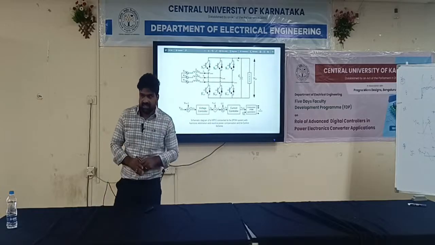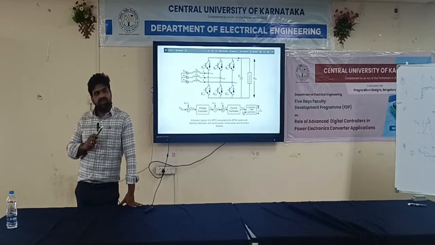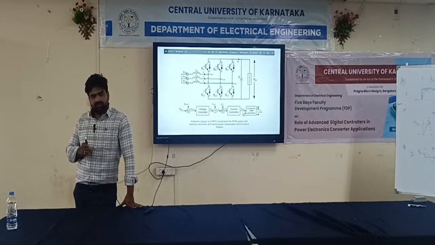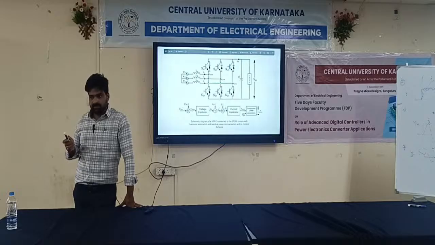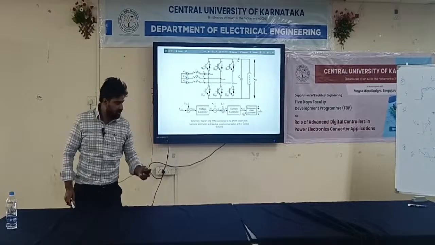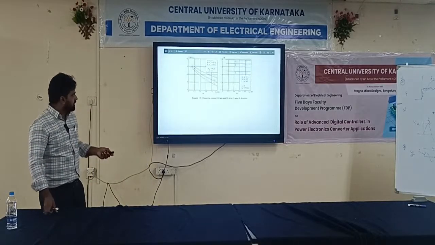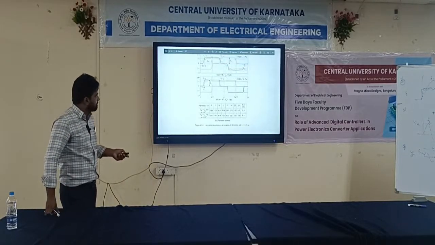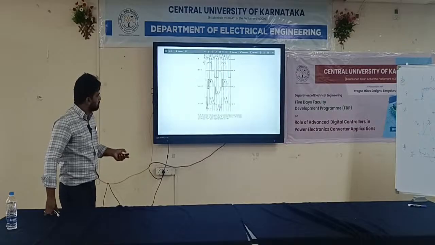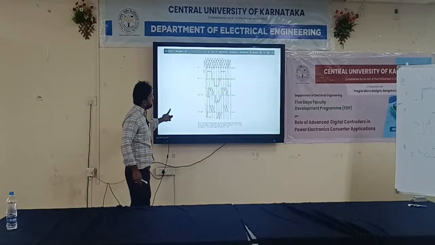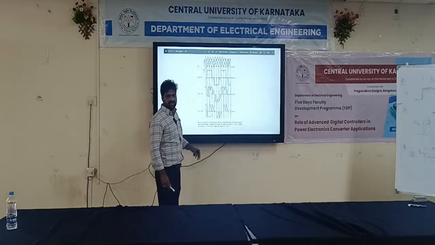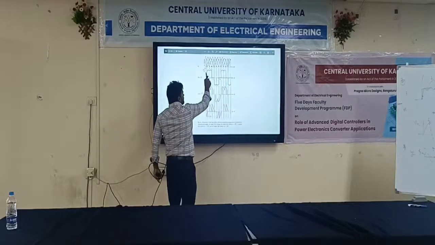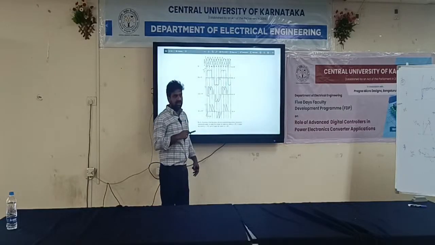That is the first point. Second, when you go for an AC to DC rectifier, I think you know the input source current waveform. Typically this is the input current of a 3-phase rectifier when alpha is equal to 60 degrees; the input source current is like this for a diode rectifier.